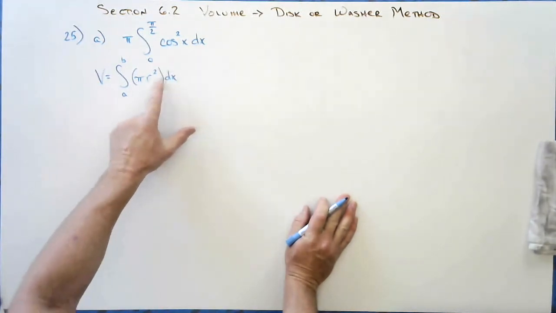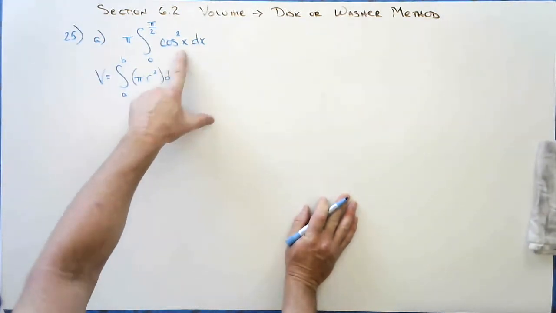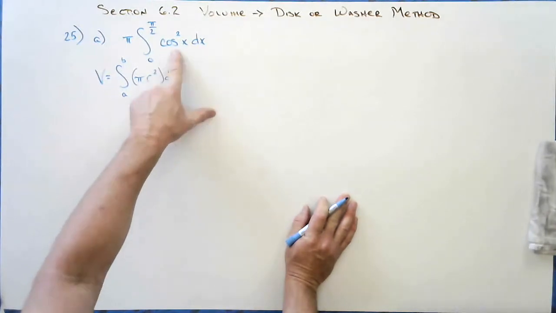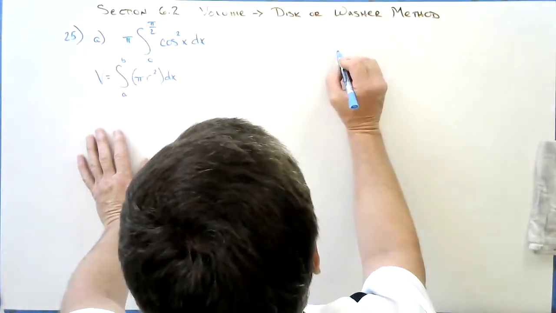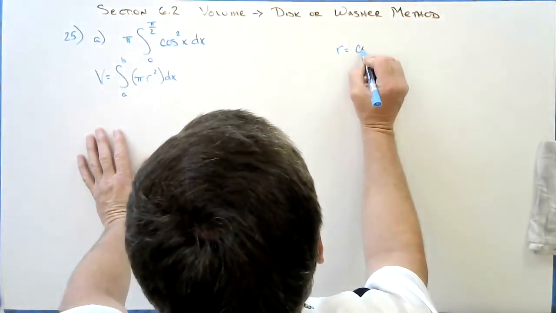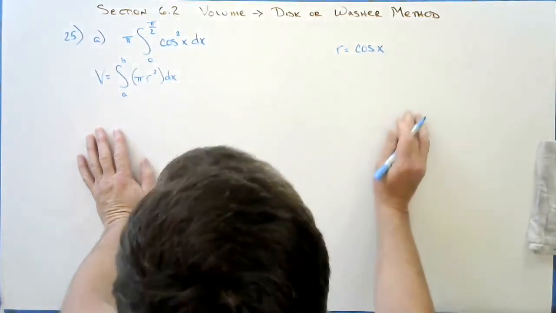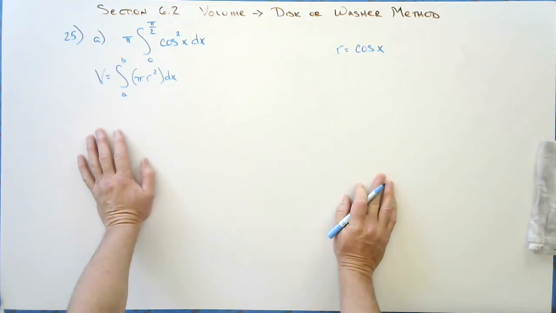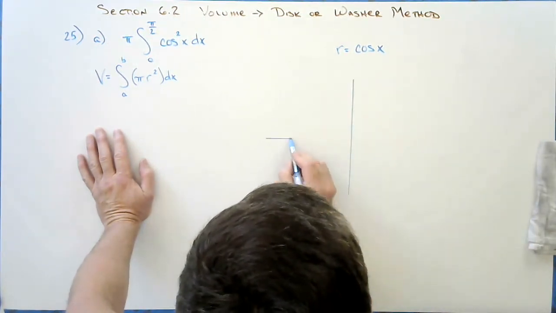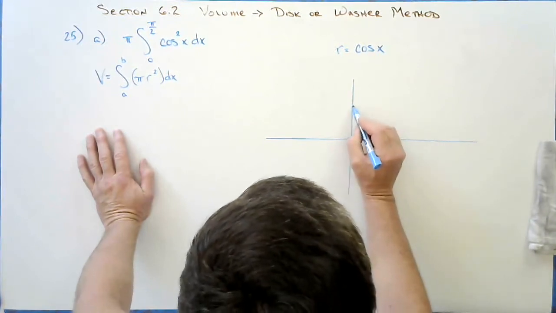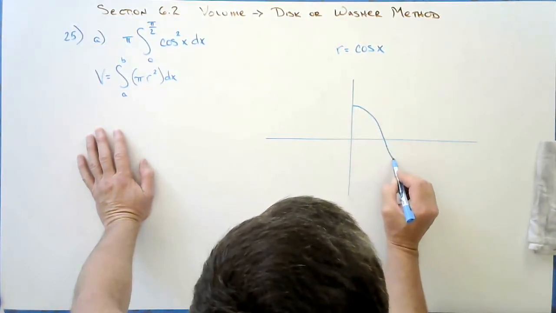So it looks like here our radius, r squared cosine squared, our radius is cosine x. That's what it appears from looking at the problem right now. So if we draw the cosine curve, the cosine curve goes like this.